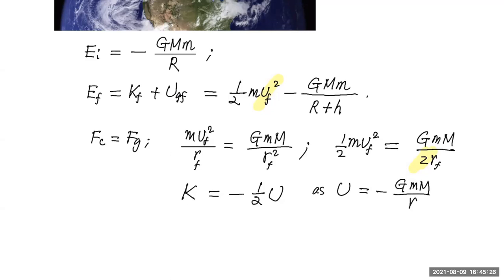Now why is K negative? You say, no, don't worry, because U is negative. So the negative of the negative is positive. So that means that the total energy E I can write as K plus U.